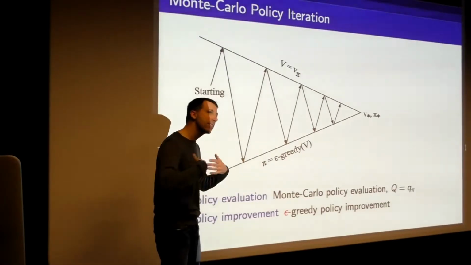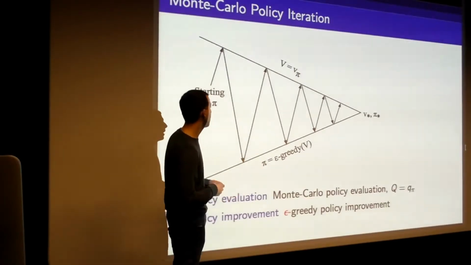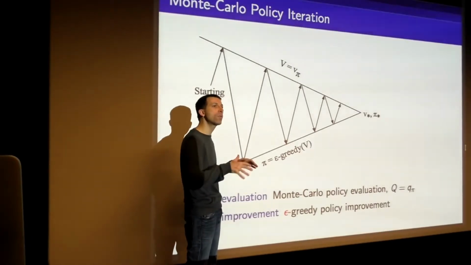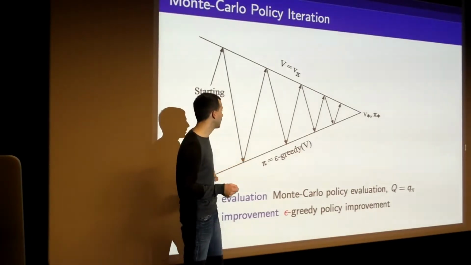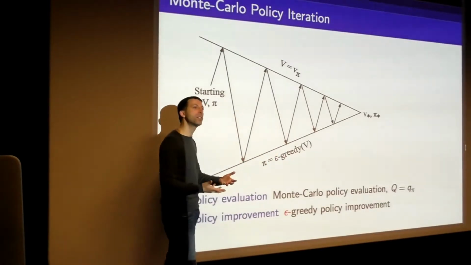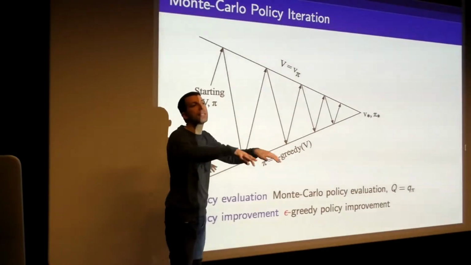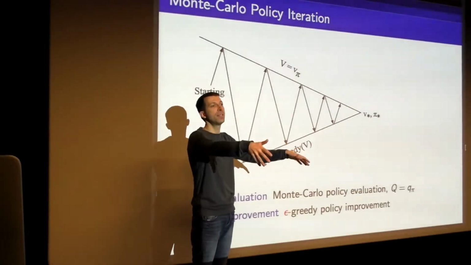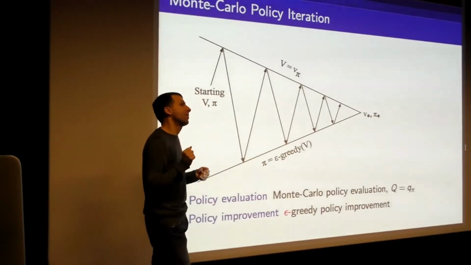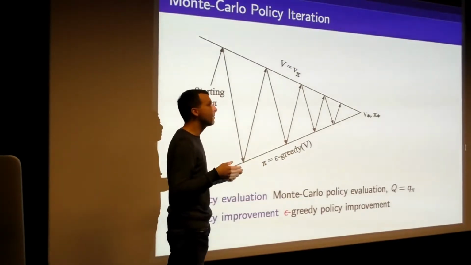But now, we've also changed our policy improvement procedure to use this epsilon greedy policy improvement, where we basically have a softening of the greedy idea. Every time we go down, we're not getting to the completely greedy policy, we've got a little bit of exploration left. So the policy is always stochastic now, and that stochasticity ensures that, at some rate at least, we explore everything in the environment. Now, as pointed out by the question, the rate at which you actually see things might be very, very slow still.